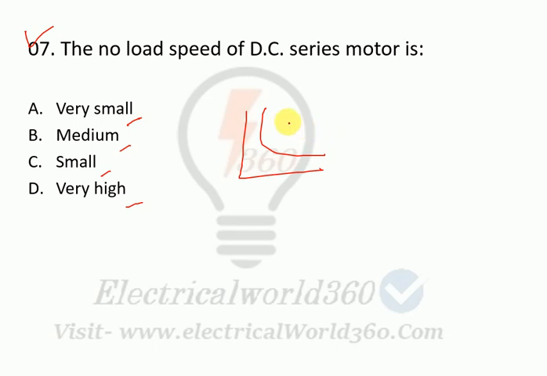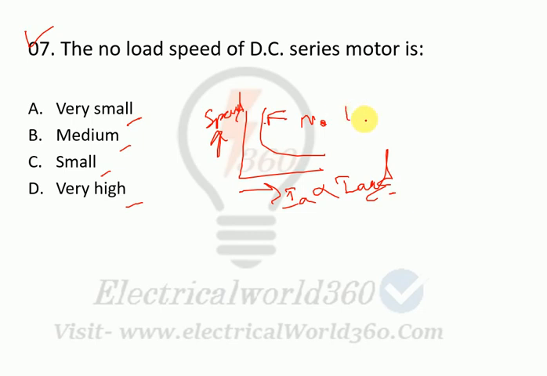Here you can see the speed. Suppose speed is this way, and this is the current. You can say current is proportional to load. So you can see it. This is the no load speed region.